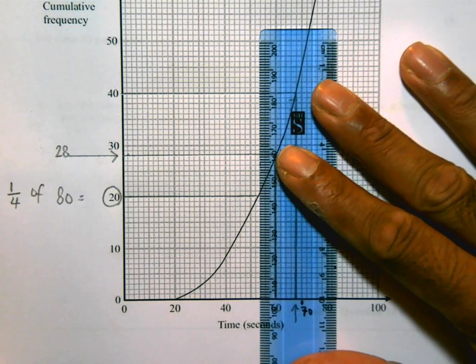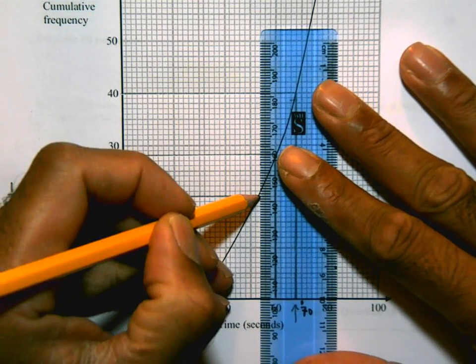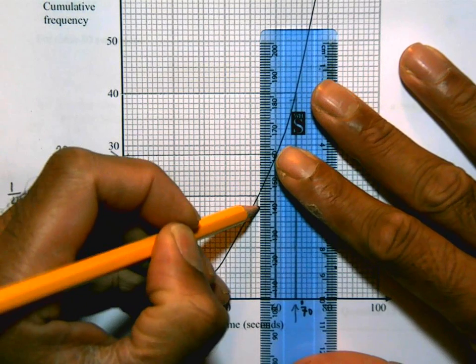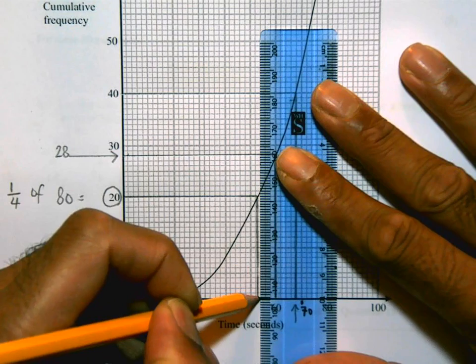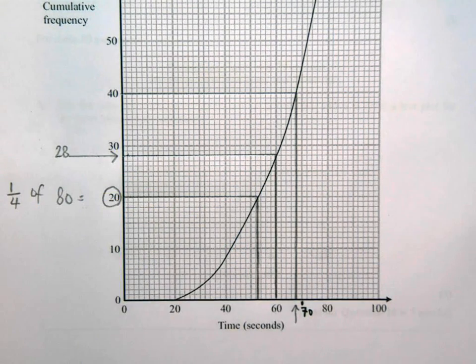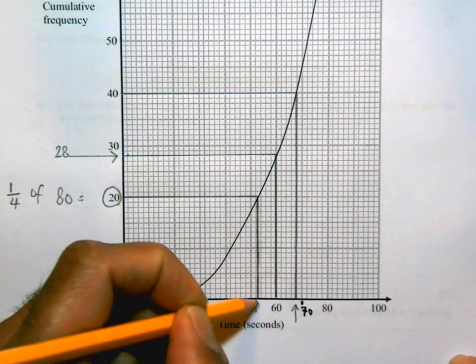I'll try to be as accurate as possible. And let's read this off. So if that's 40, that there is going to be 50. And I'll say just one square up. So that I'll call 52.